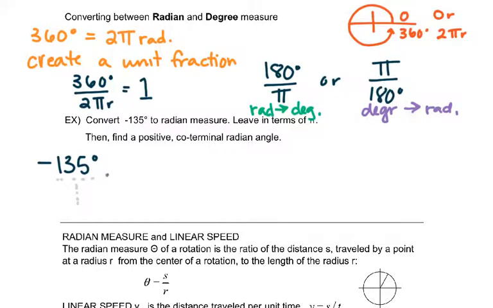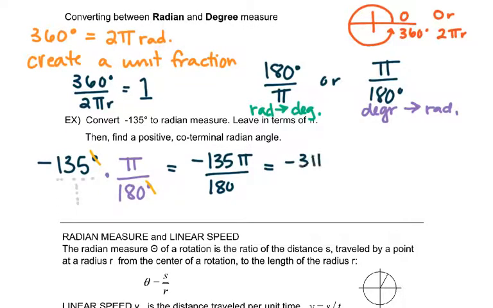I'm going to multiply by pi over 180 degrees. So you see I have degrees in the top, degrees in the bottom. They cross out, and I'm left with just negative 135 pi over 180. And of course that fraction reduces, and we have negative 3 pi over 4.